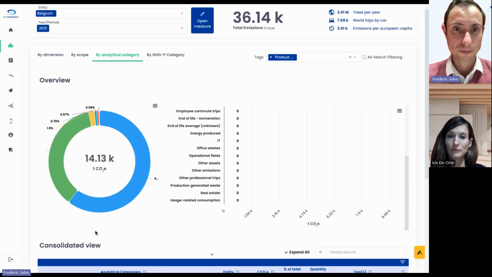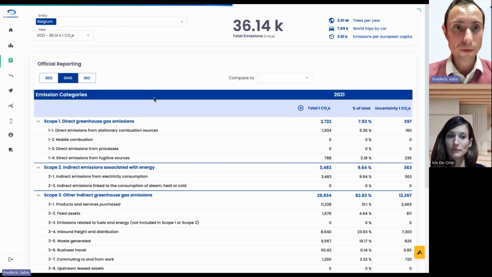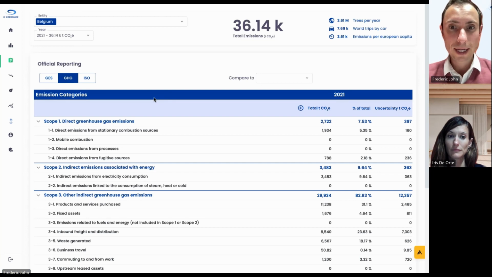to analyze my report. Speaking of reports, our tool offers a feature that automatically creates a report in different standards. Bilan GES, the one commonly used in France if you have business with French companies, GHG protocol and ISO.